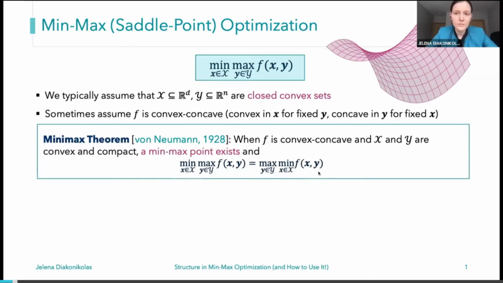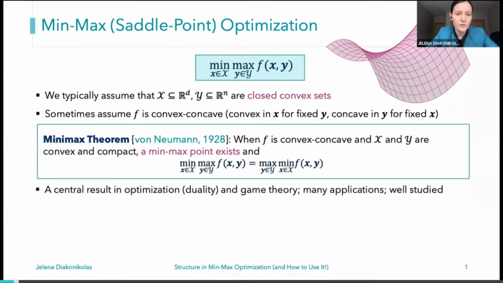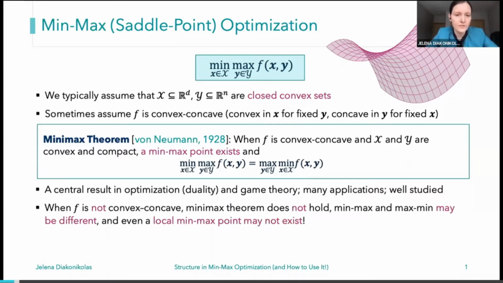Now, there are some generalizations to this minimax theorem, as many people here will know, but in full generality, once we remove the assumption that f is convex-concave, it does not hold in general. Min and max may be different, and even guaranteeing that a solution exists is a whole research area.